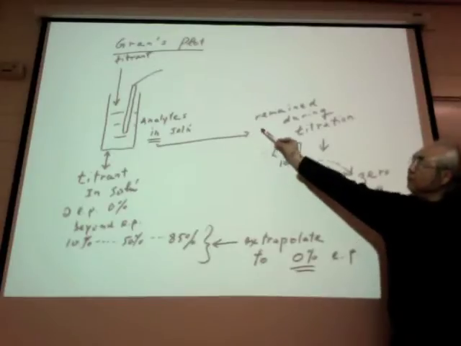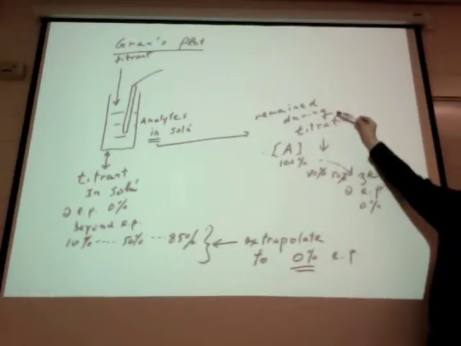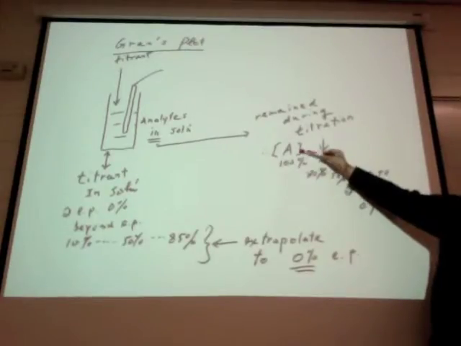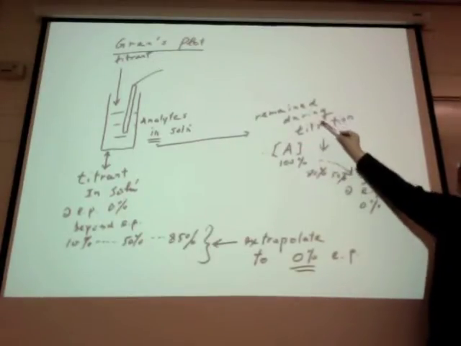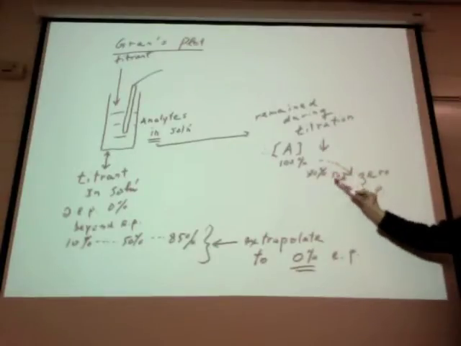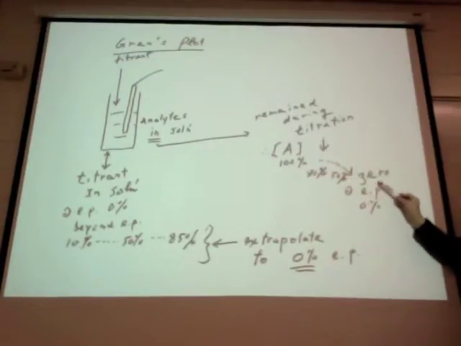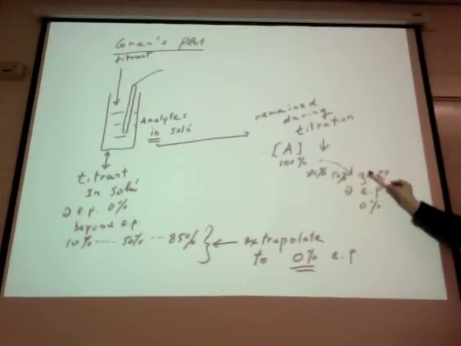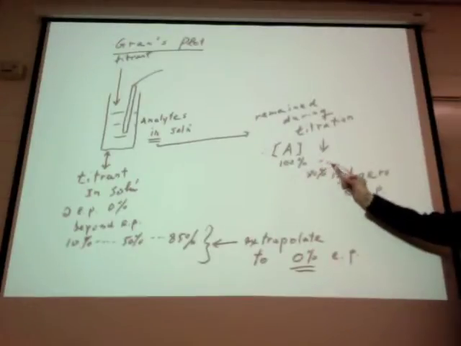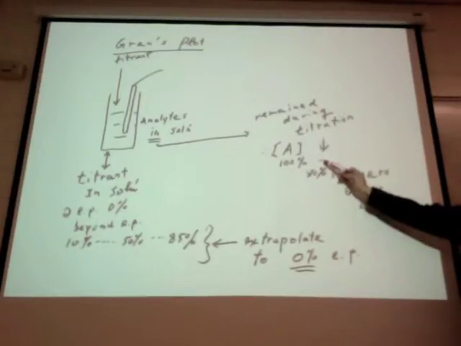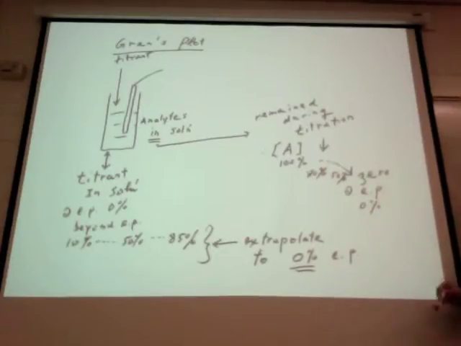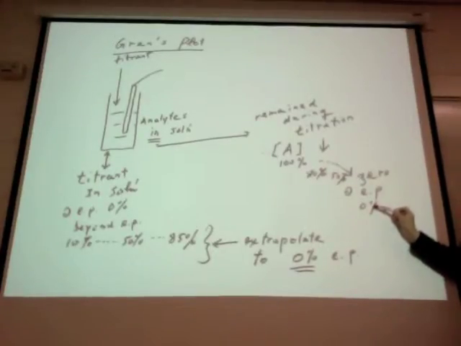Initially your analyte is 100%. Then during titration, you're going to have less and less and less. At the endpoint, you have 0 of the analyte. So it's going to follow this. As long as I trace the trend of the potential, then I can extrapolate to 0 to get the endpoint.